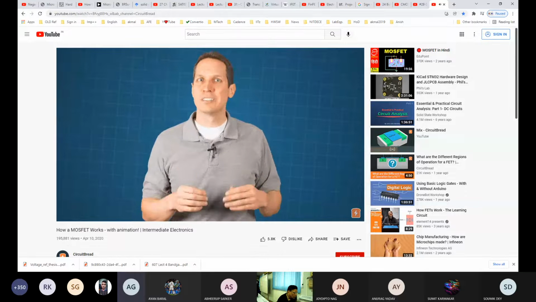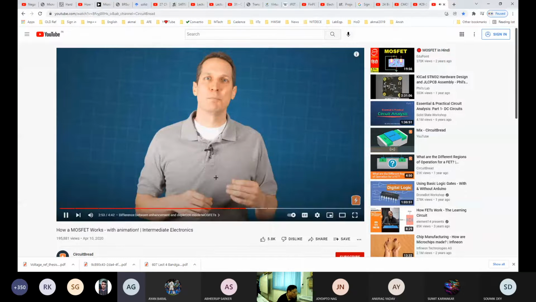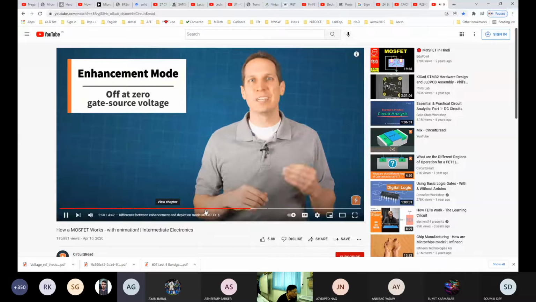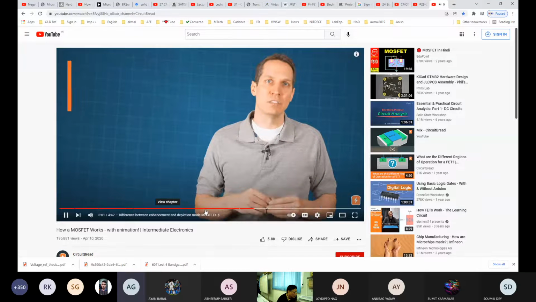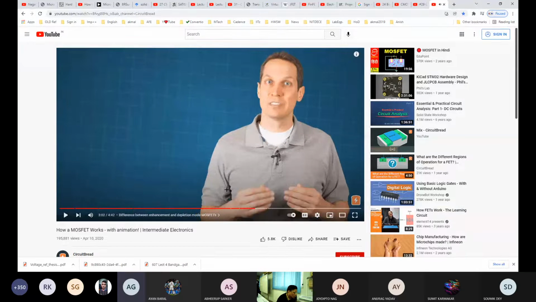Also, I mentioned earlier that this is an example of an enhancement mode device. It's called an enhancement mode device because an increased gate voltage enhances the conductivity of the channel.